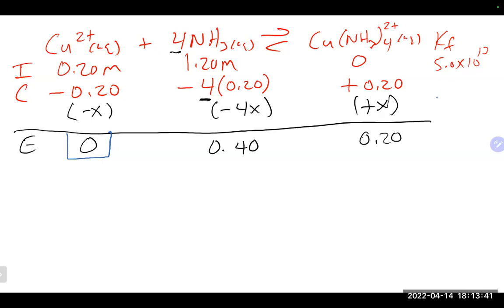But we still have to remember that this is an equilibrium, which means even though it is almost 100% heading to the product side, there still should be some coming back the other way, because it's an equilibrium. The second part of our assumption is, although almost 100% of it is going to be tied up over there in the complex ion, there still should be a super small amount of actual free copper or metal floating around in the solution.